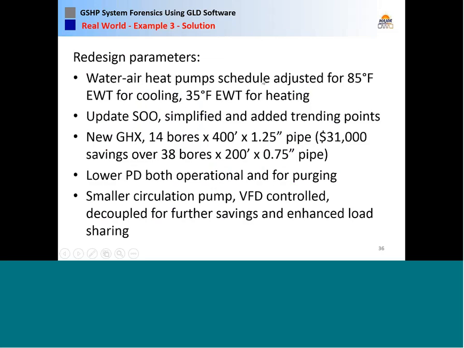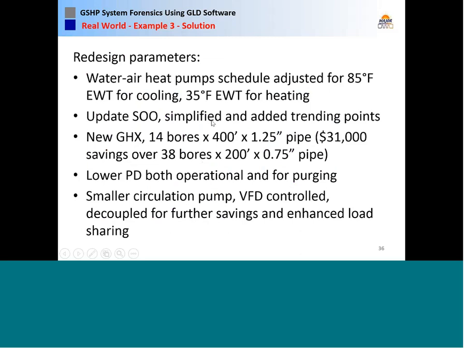So on this project, for the redesign, we reselected heat pumps for 85 degrees entering water temperature for cooling and 35 for heating. We updated the sequence of operation and simplified it, and reduced the loop field to 14 holes by 400 feet with a $31,000 savings.